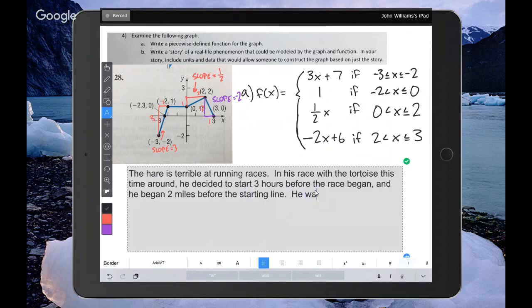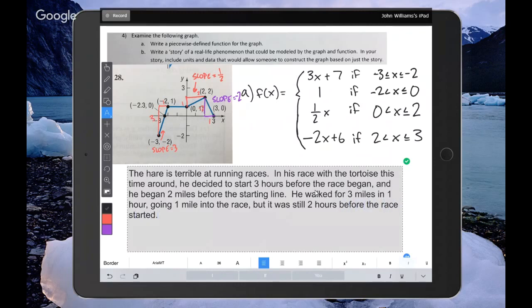He walked for, let's see, up 3/1 for 3 miles in 1 hour, going 1 mile into the race. But it was still 2 hours before the race started.